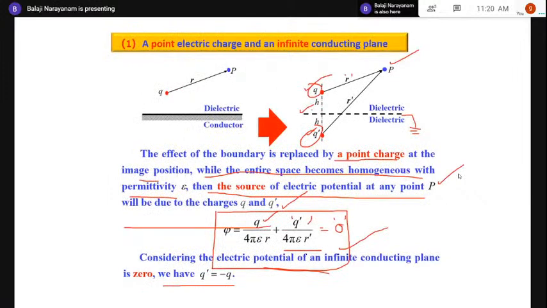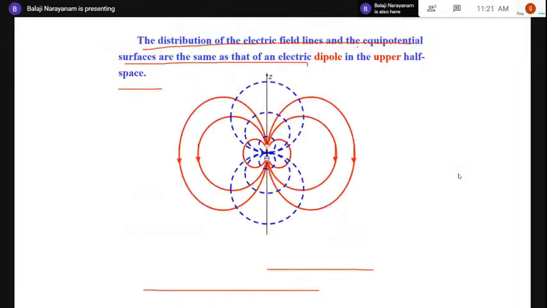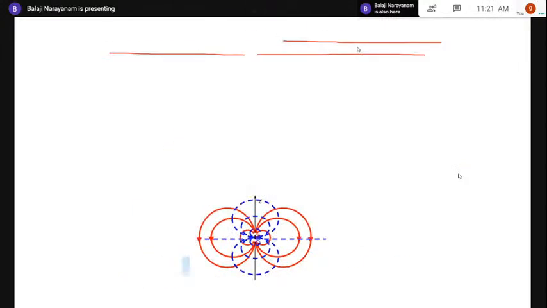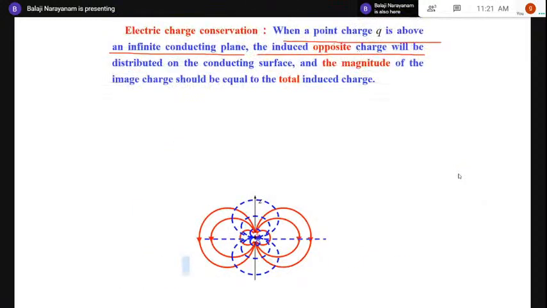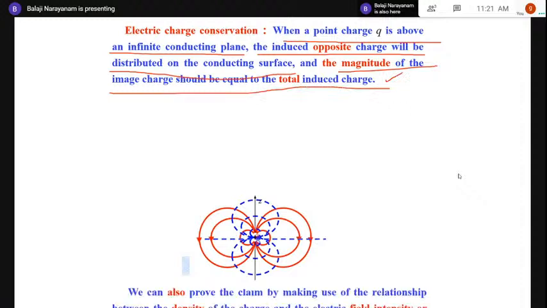This is an infinite conducting plane. Above the infinite conducting plane, a charge Q is located. Because of this charge, in the method of images, the concept is that an opposite charge gets induced. The induced opposite charge will be distributed on the conducting surface, and the magnitude of the image charge should be equal to the total induced charge.